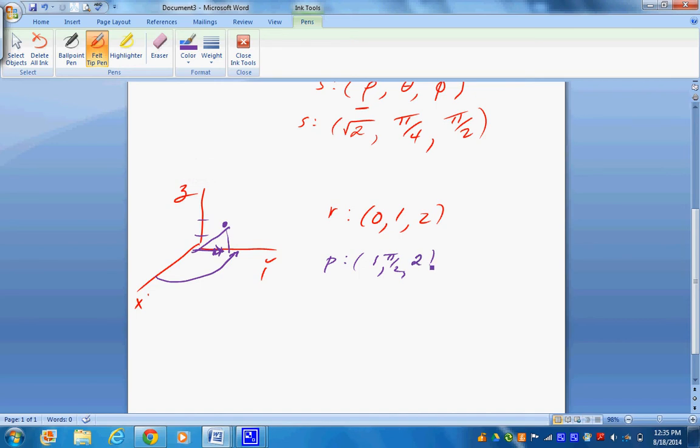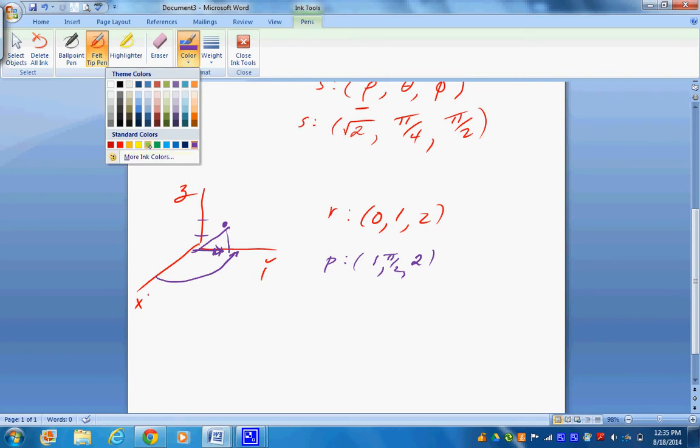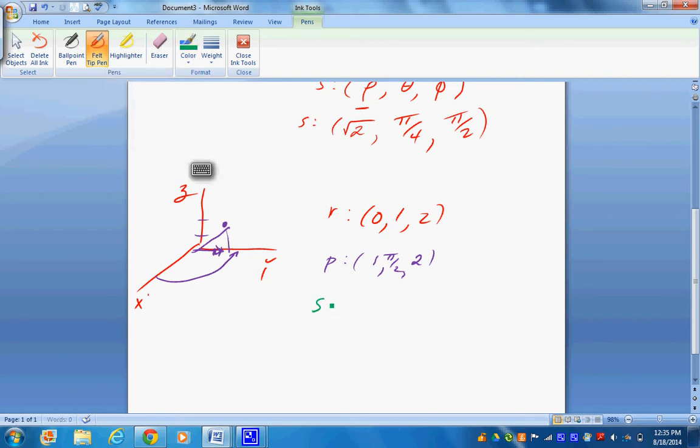So that's pretty simple. Now let's do spherical coordinates. So for my spherical coordinates, I want to start out with rho. And rho is the length of this vector in 3 space, the distance of the point from the pole or the origin. Well, that's going to be 0 squared plus 1 squared plus 2 squared, or the square root of 5.